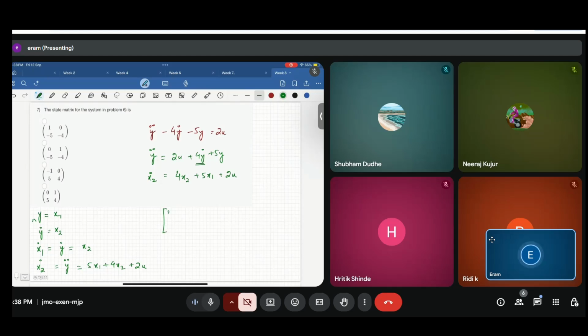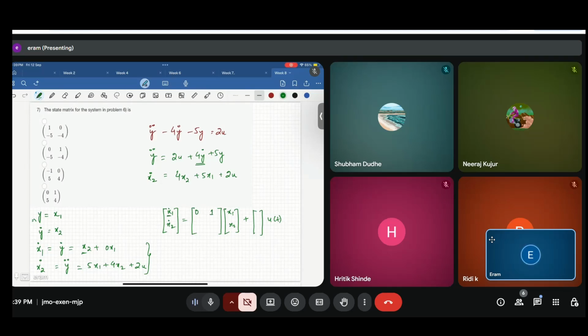It is just this representation in matrix form. So x1 dot equals x2: the coefficient of x1 is 0 and the coefficient of x2 is 1.